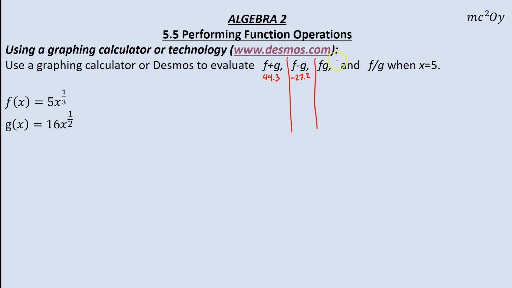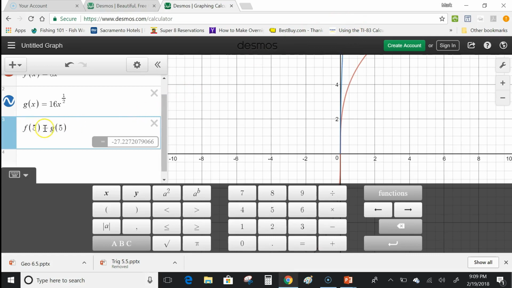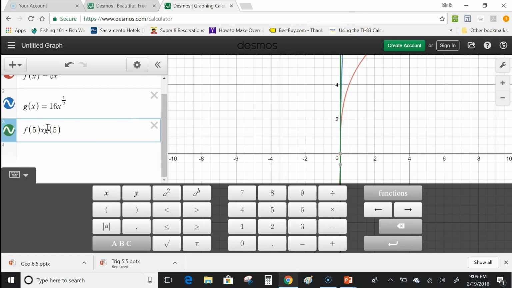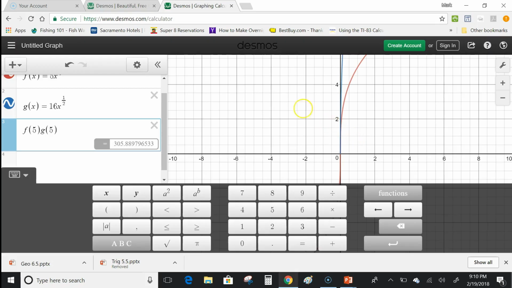All right, and f times g. Change it to multiplication. There we go, 305.9. And the last one, f divided by g.